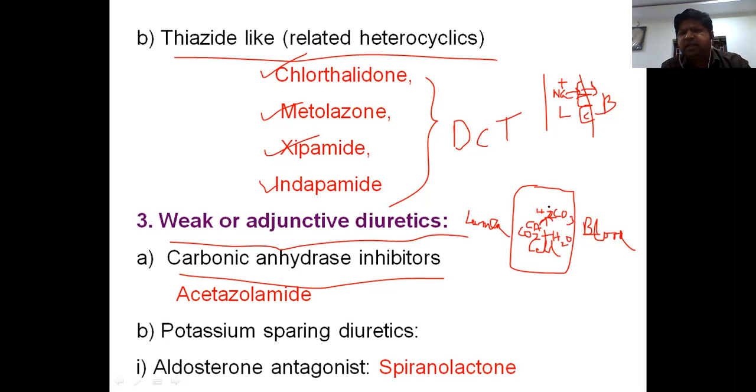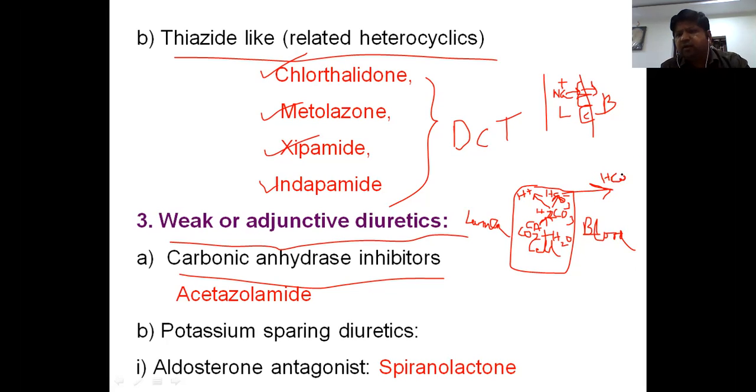Carbonic acid again splits into two parts: H plus and HCO3 minus. The point of matter here is that HCO3 minus is reabsorbed in the blood.